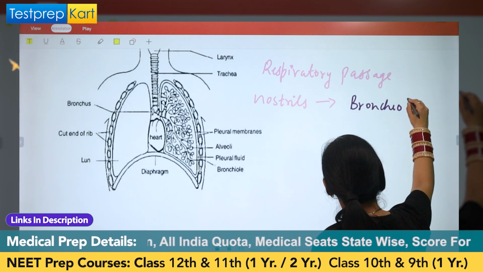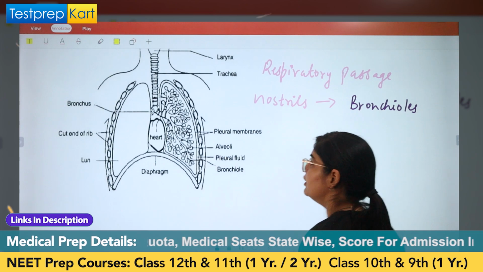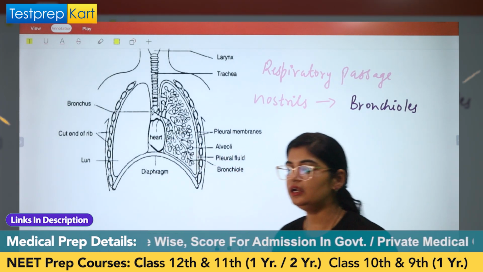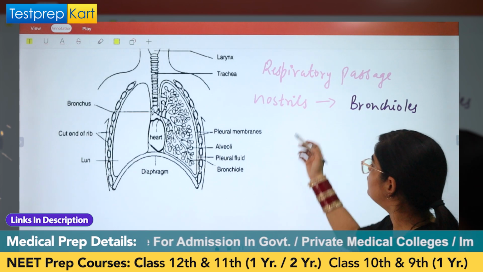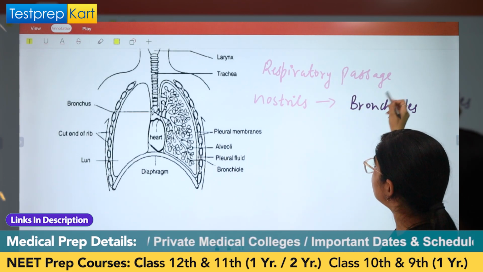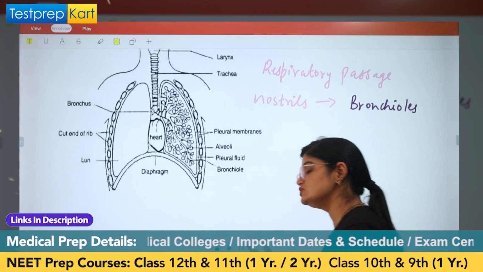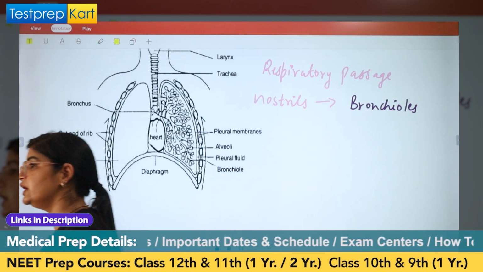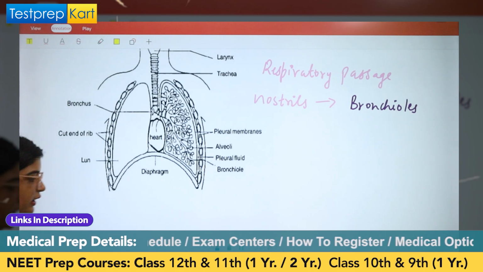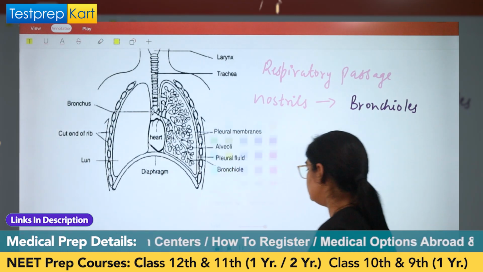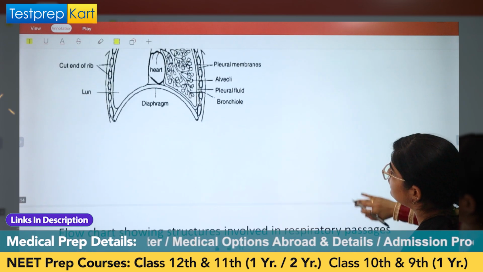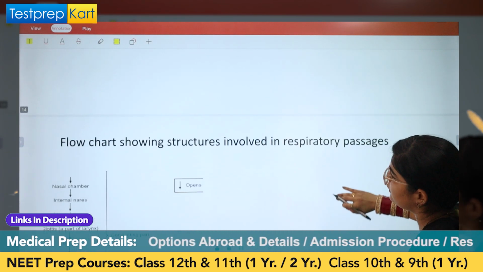So this respiratory passage is basically meant for carrying the air. The air which we inhale will enter inside our body with the help of the nostrils and will move towards the bronchioles. So the respiratory passage makes the air favorable so that we can breathe it, right? Now moving forward, we will discuss these respiratory passages.